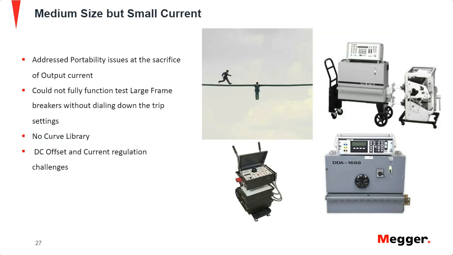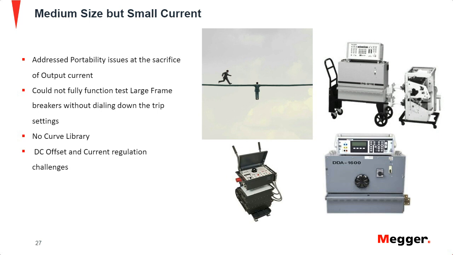So then the next step that we took in the industry was moving to smaller, medium-sized primary injection test sets. These are addressing the portability issue, but they're also sacrificing the output current. With the larger test sets, you're able to inject anywhere from 40,000 to 60,000, 80,000 amps. With these test sets, you're going to be in the smaller range, maybe 20,000, 10,000. So these can't fully functionally test the large frame breakers, 4,000 amp rated breakers and up.